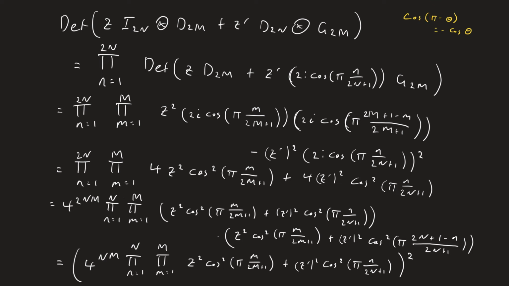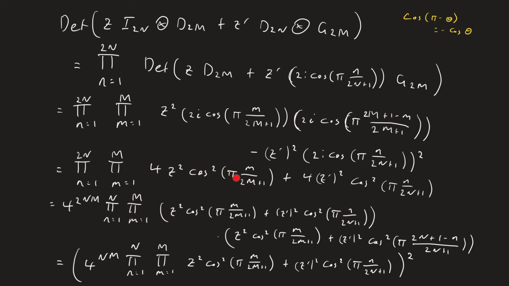By the fact that cos of pi minus theta equals negative cos theta, we see that if little n equals 1, then this term gives us the same value as when little n is equal to 2 big N. And similarly, when little n equals 2 and when little n is equal to 2 big N minus 1, we get the same value here and so forth.